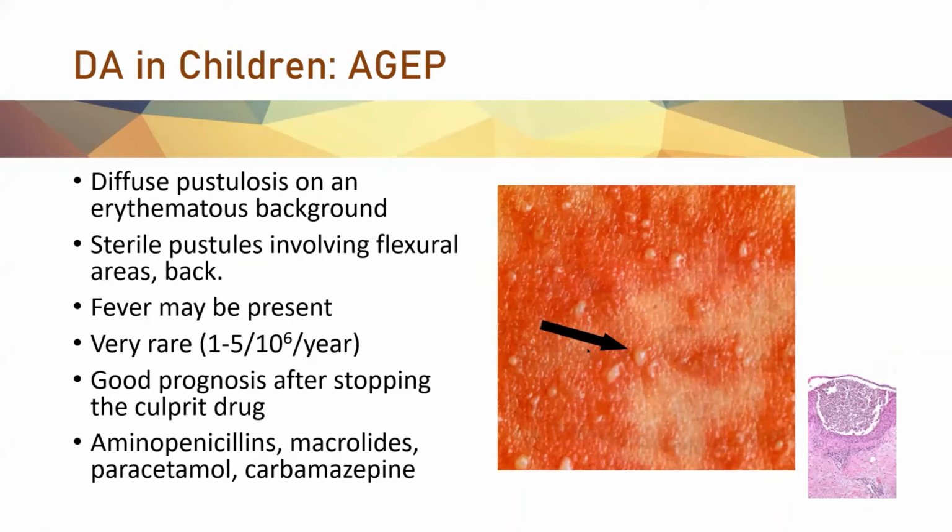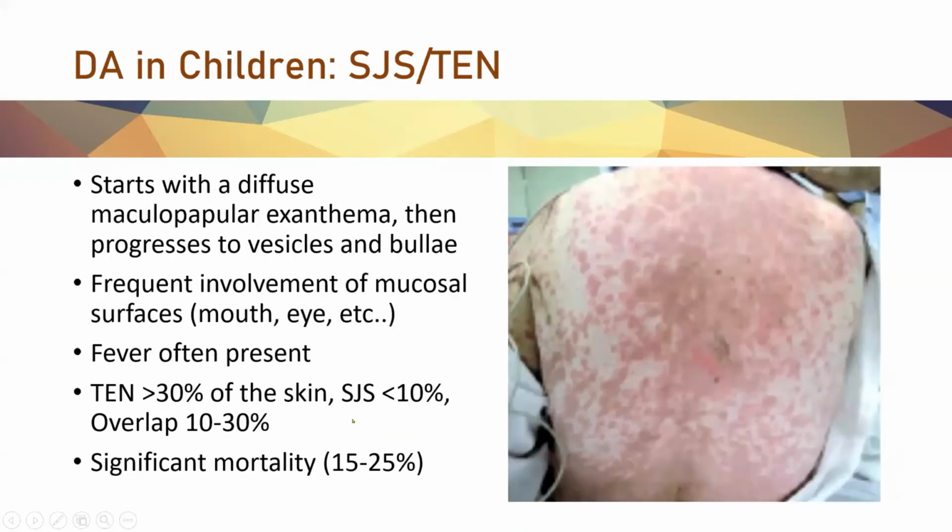So you see here, there is a collection of sterile material. This patient may be mildly sick, they might have fever, but if it's recognized as a drug reaction and the drug is stopped, usually the prognosis is good, okay? Most of the time it is caused by antibiotics, but it's also possible with antiepileptic medication.